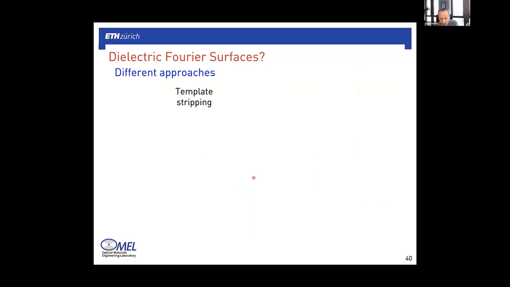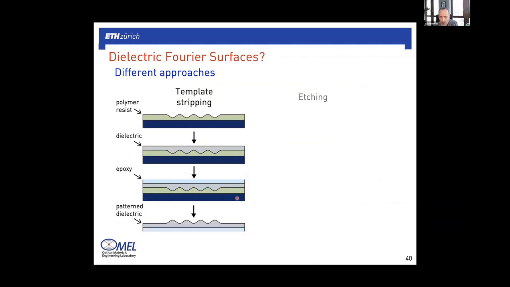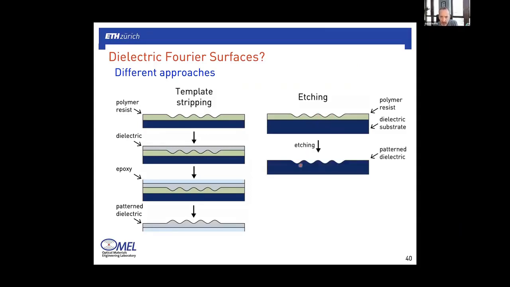I've shown you just metals so far, but we can also make dielectric surfaces that are wavy, either using template stripping, where instead of depositing metal on the polymer, we now deposit a dielectric and then strip it off. Or one can take our patterned polymer and simply transfer it to the substrate, which is a dielectric, by etching, and then you'll have a wavy dielectric pattern.